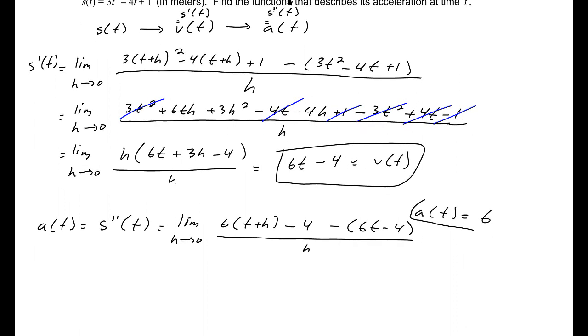Keep this in mind, this ought to be our answer. All right, well, our 6t's cancel out, as do our 4's, so we get a 6h over h, which is a limit of 6. Therefore, a of t equals 6.